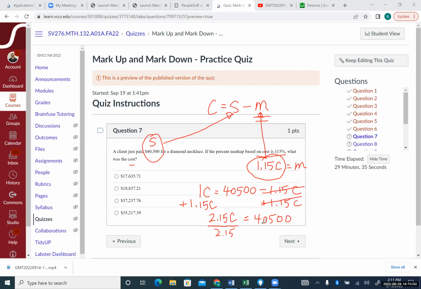In 9th grade you probably said, I'm never going to use this for anything. And guess what? Today is the day. So the cost becomes 40,500 divided by 2.15, and I get 18,837.21.